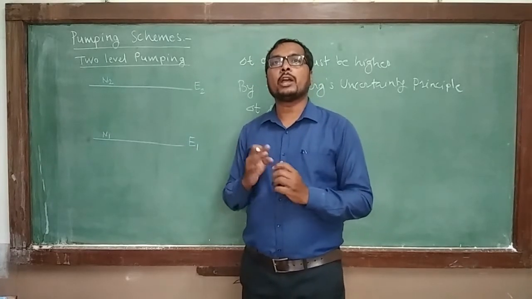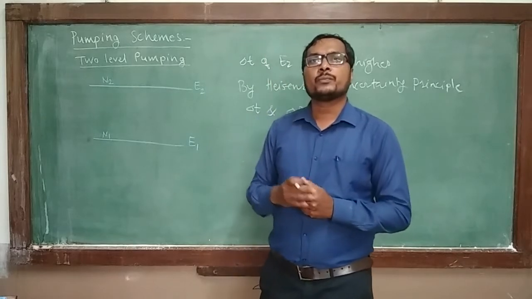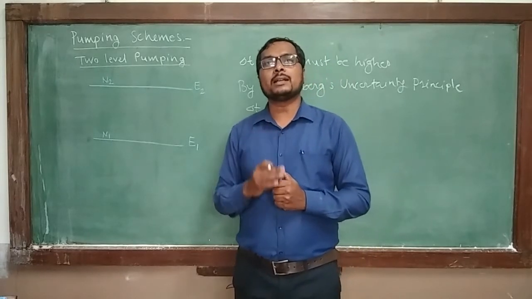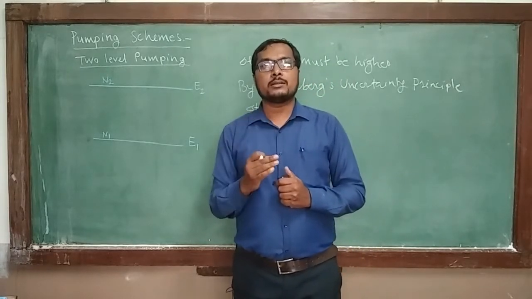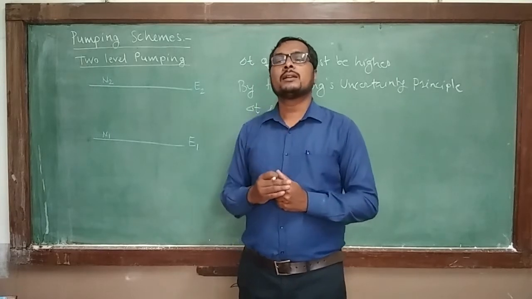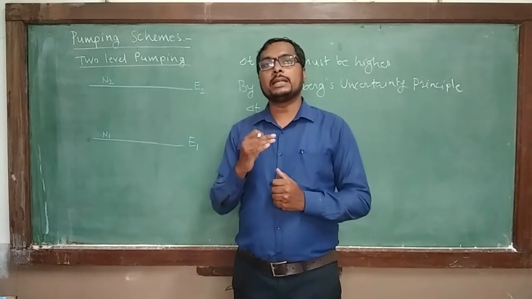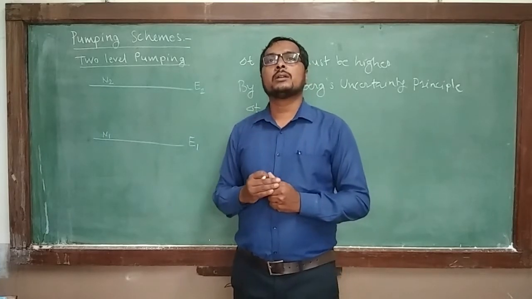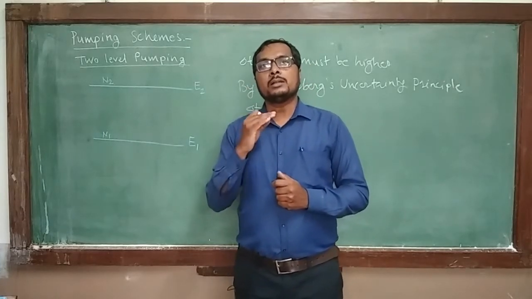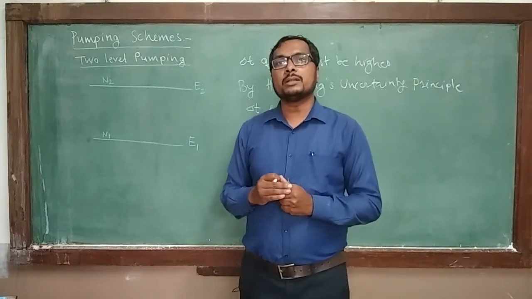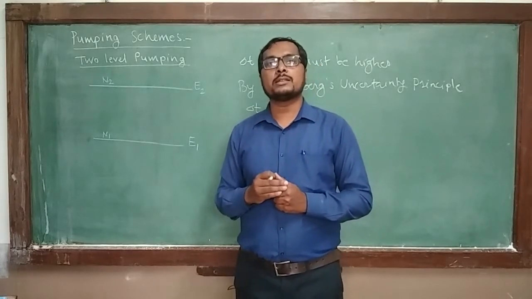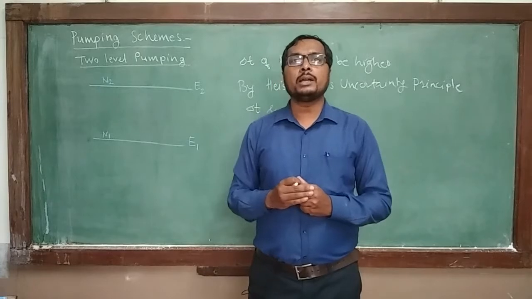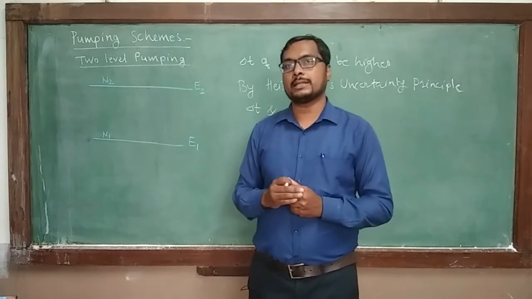More than that we cannot do. That means we need to consider the atoms or elements having 3 or more than 3 energy levels, right? So this can be possible in the case of 3-level and 4-level pumping schemes.